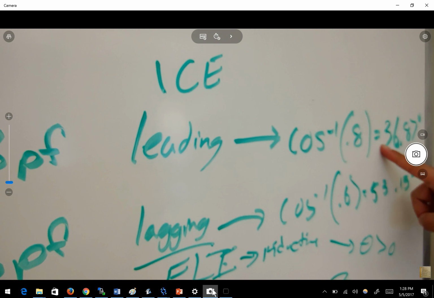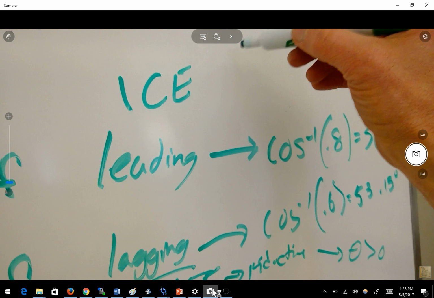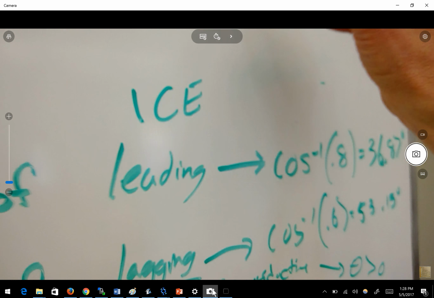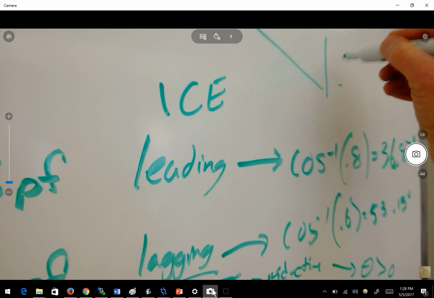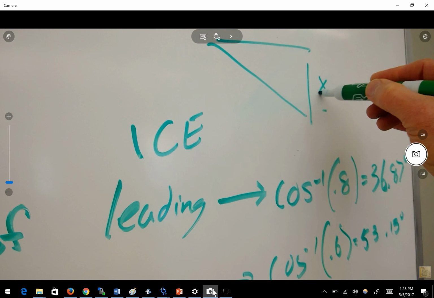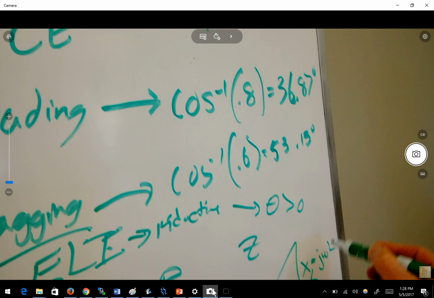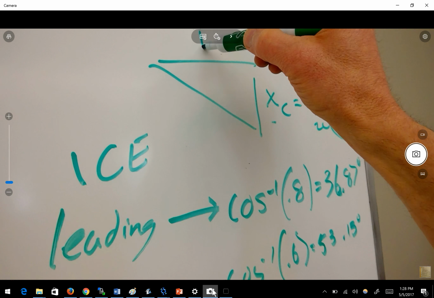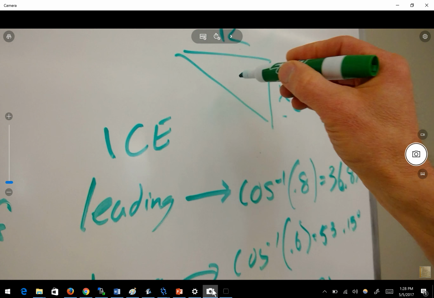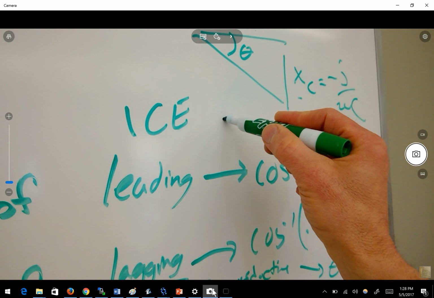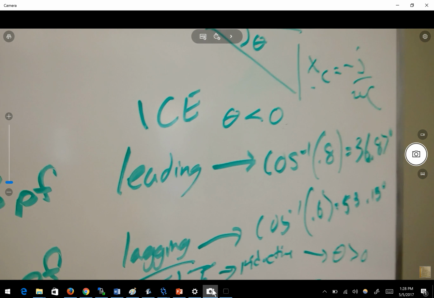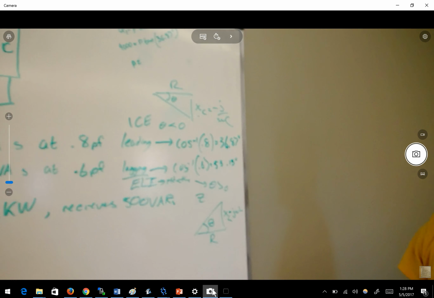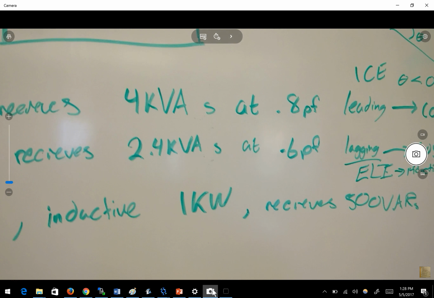So that's negative. Just put a minus in here. And capacitors have negative reactance. So this is sort of an XL, and this is XC, minus J over omega C. So the angle is going to be less than 0. Yeah, so the signs are going to be important when you add those together.